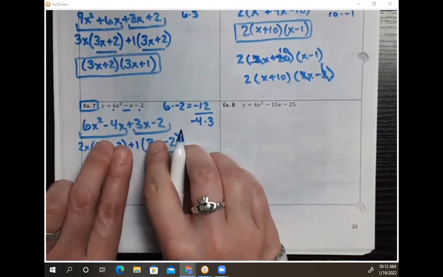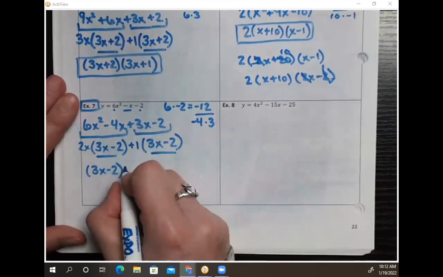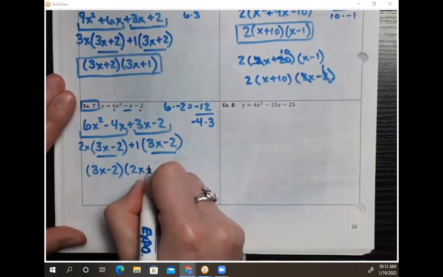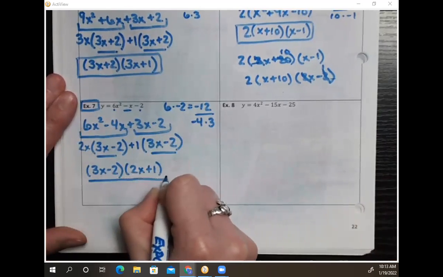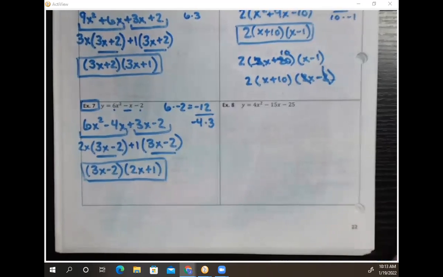And then my other factor is what's left over. So 2x plus 1. And there's my factored formula. Questions for me on 6 or 7?